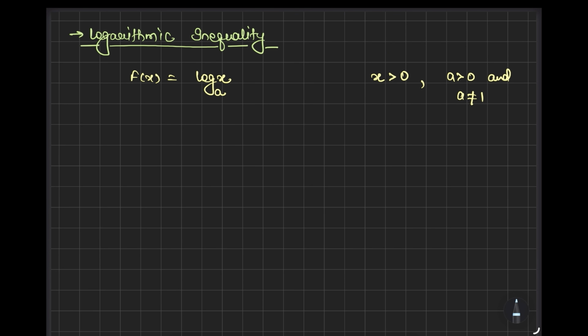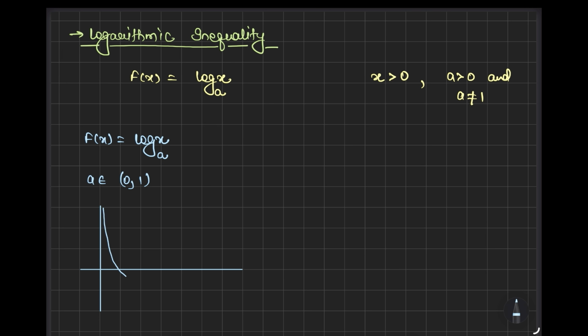Suppose that you have f of x equals log x base a and your a ranges from 0 to 1. Under this scenario, the graph of the logarithmic function will be decreasing. Okay, so suppose this is your x-axis, this is your y-axis.